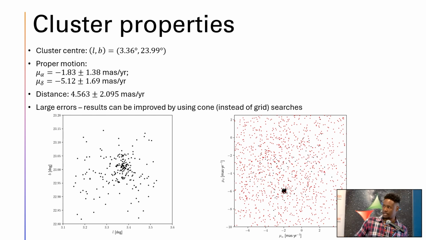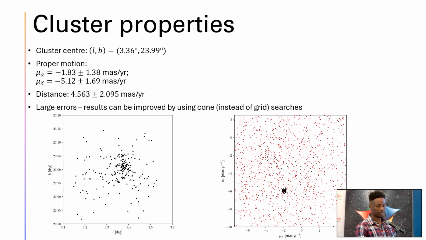If we isolate those points that were obtained by DB-scan and look at the proper motion space, what we find is this nice, very dense clustering of proper motion values. And these red values here correspond to just the background. And these are some of the obtained properties that you can actually improve in terms of their errors by using cone searches, and this is something that has been done in the literature.